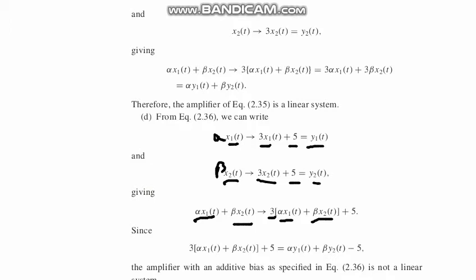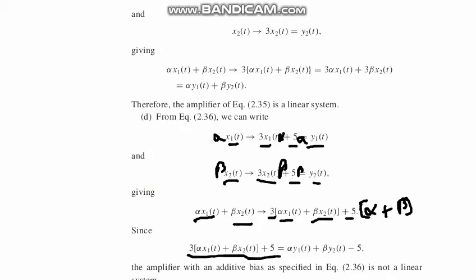After putting the values in this condition, you can find there is another part: when you multiply by alpha here, there will be 5 alpha and 5 beta, so take common 5 and take 3 alpha like that.